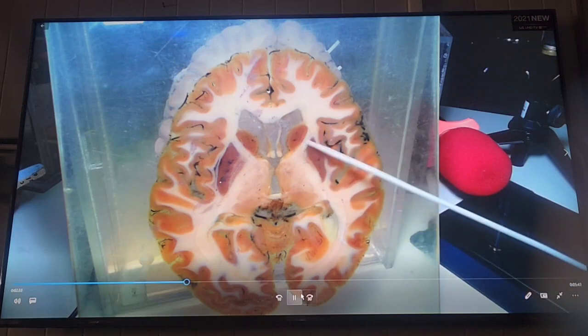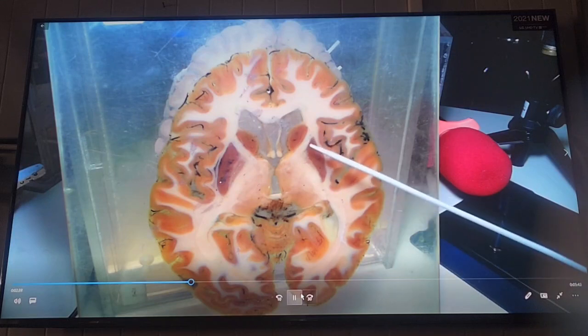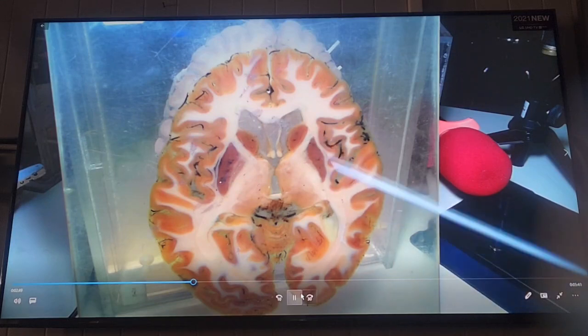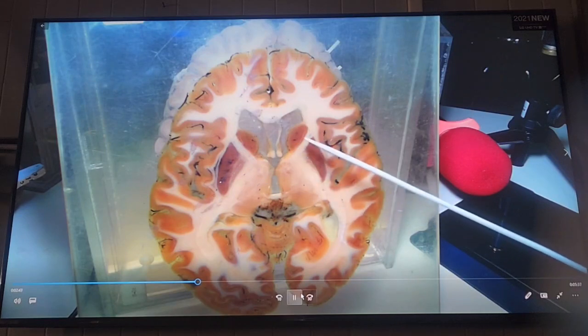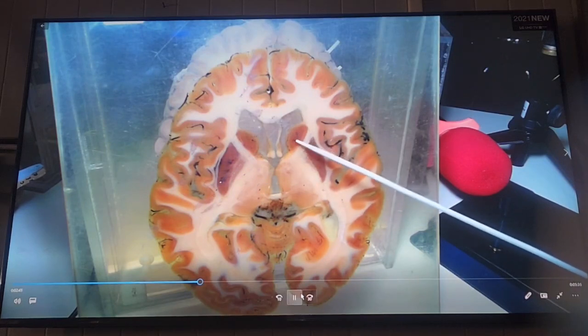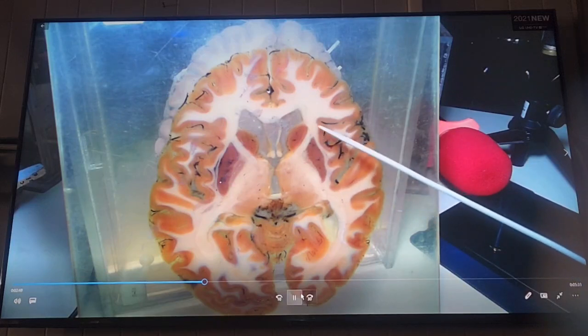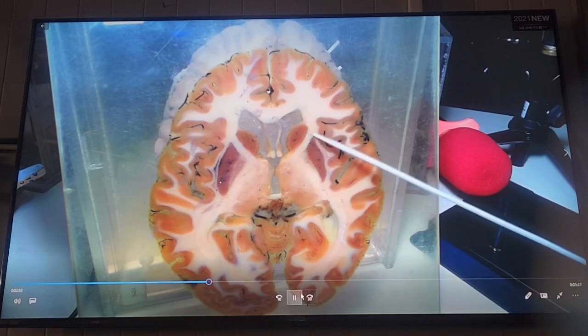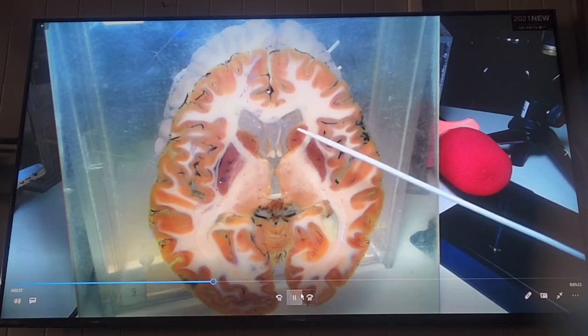This is the anterior limb of the internal capsule that separates between the head of the caudate nucleus and the putamen. But if you focus here, you'll see there is a band of connection between the head of the caudate nucleus and the putamen.